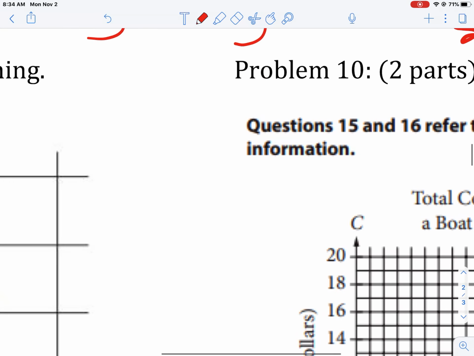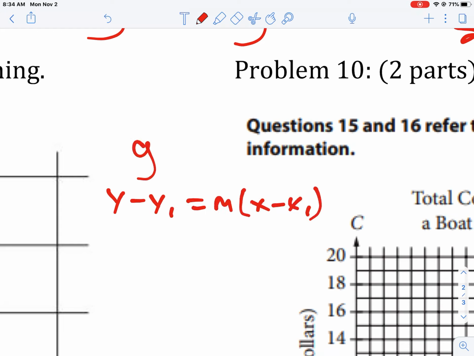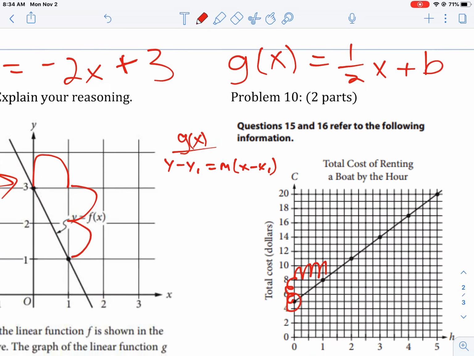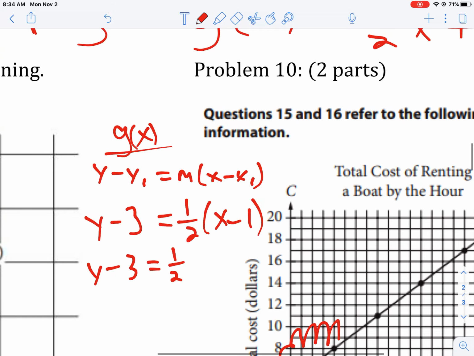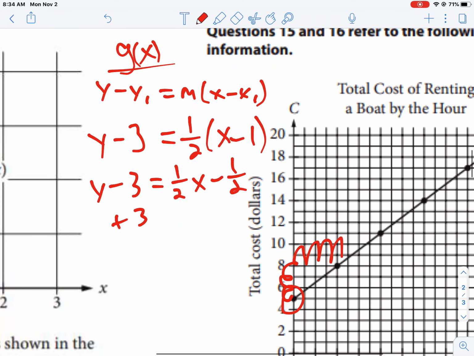So again, if I do y minus y1 equals m times x minus x1, this is for g of x. My slope is 1/2. It passes through 1, 3. Then I put this in slope-intercept form.